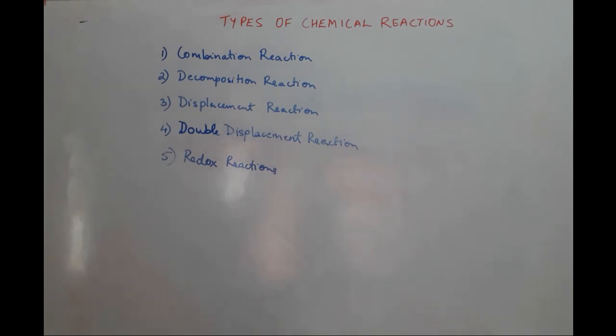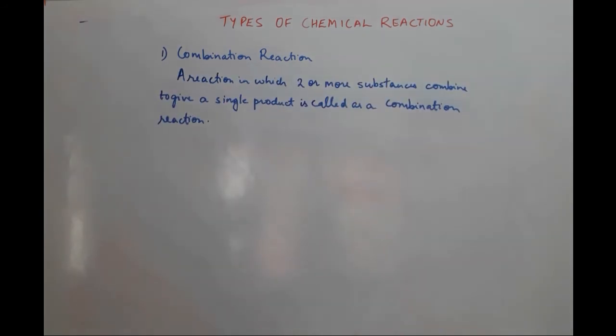Let us begin with the first one to understand what type of reactions are known as combination reactions. A combination reaction is a reaction in which 2 or more substances combine to give us a single product. This type of reaction is called a combination reaction.